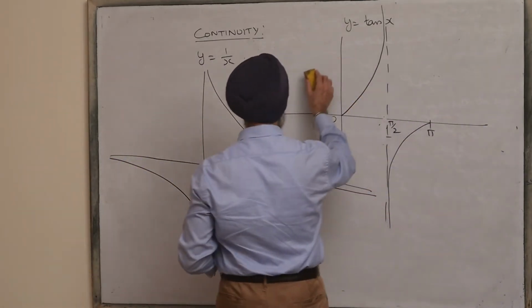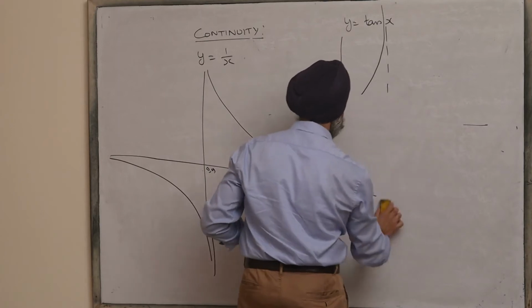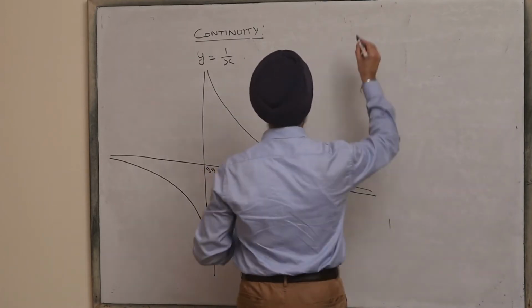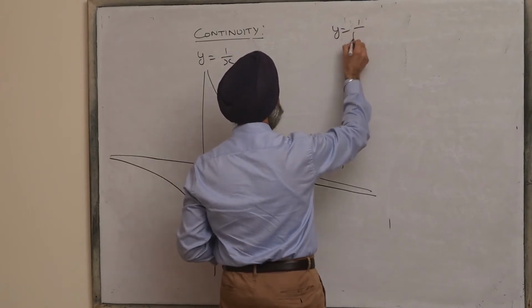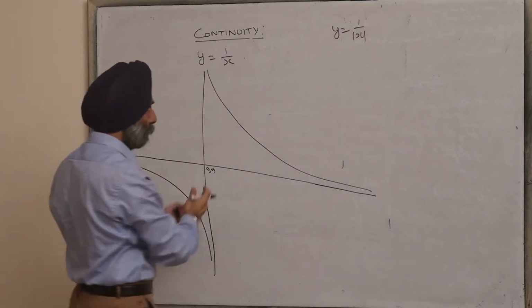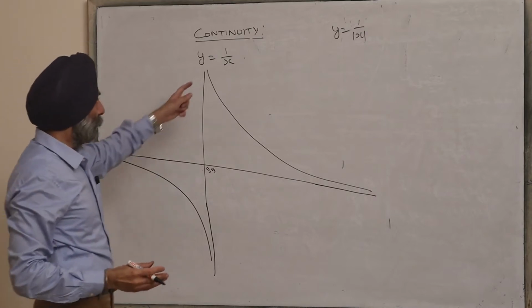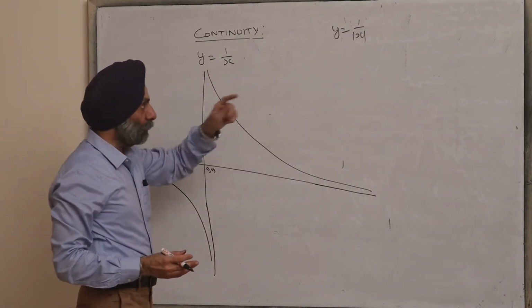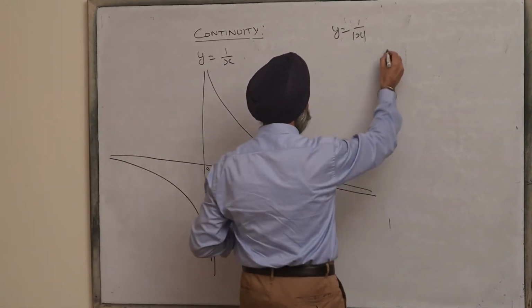Further, if I plot y is equal to 1 over mod x, very easily you will be able to compare these two graphs. Here this is the graph of y is equal to 1 over x. Now I am going to plot the graph of y is equal to 1 over mod x.